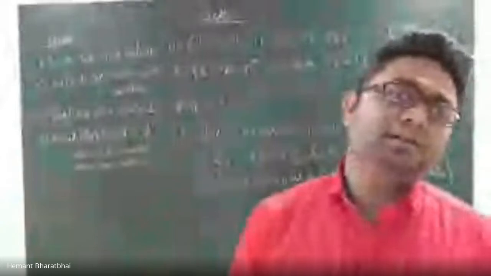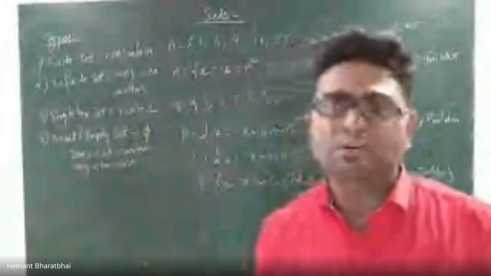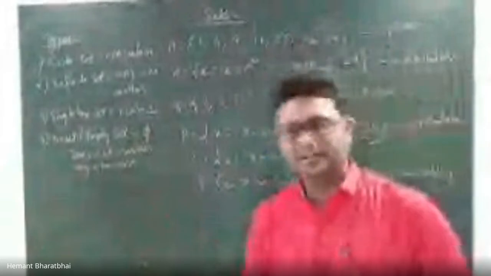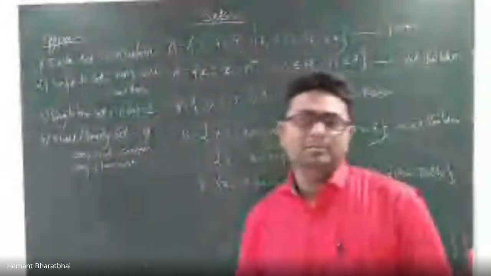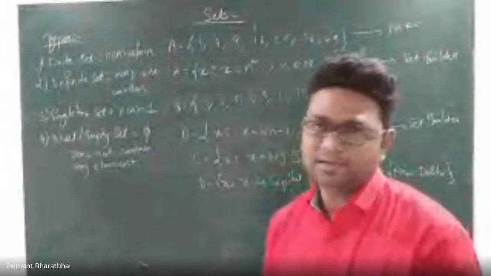Nothing is there, not even zero. Then it is called an empty or null set. If the water inside your bottle is over, then that empty bottle will be called a null set with respect to water, because nothing is there with respect to water. You can say there is air inside, but with respect to water, it is empty. There is no water inside. So it becomes a null set.